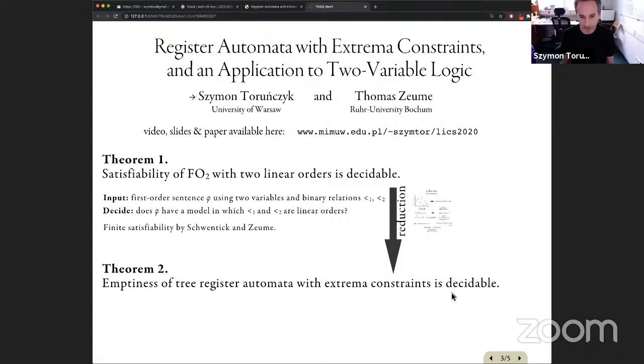So the register automaton makes sure that whenever some value is encountered, some bigger value is encountered later on, and it makes sure that this happens infinitely many times.